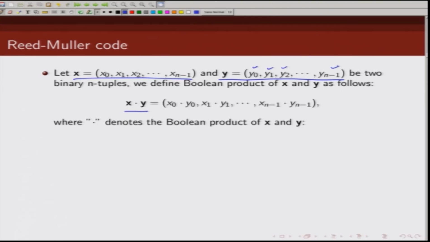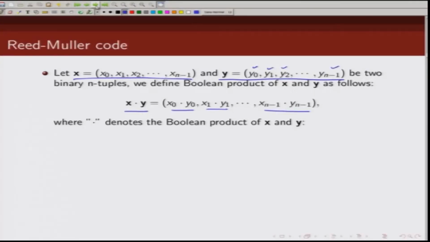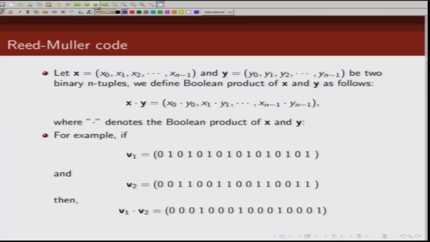Now, we define the Boolean product as the bitwise AND: x0 dot y0, x1 dot y1, x2 dot y2, up to xn minus 1 dot yn minus 1. So, xi dot yi will be 1 only if both xi and yi are 1, otherwise it will be 0. That is how we are defining this Boolean product operation.